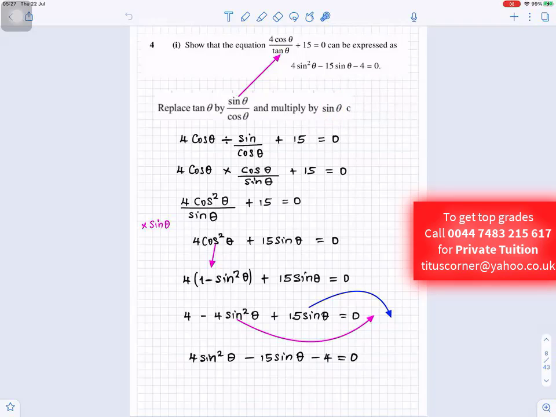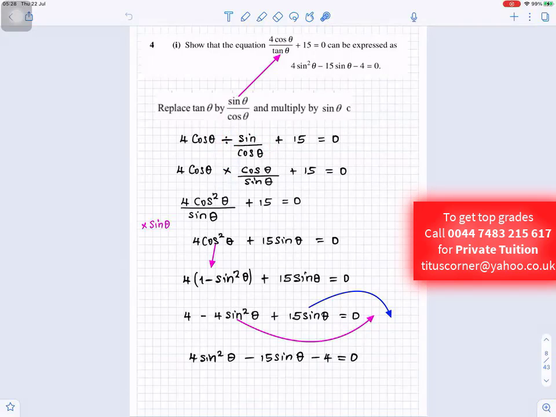So we have 4 cos theta, divided by, instead of dividing by tan theta, you divide by sine theta over cos theta, plus 15 is equal to 0. When you divide, you change it to a times, and then you flip the fraction.